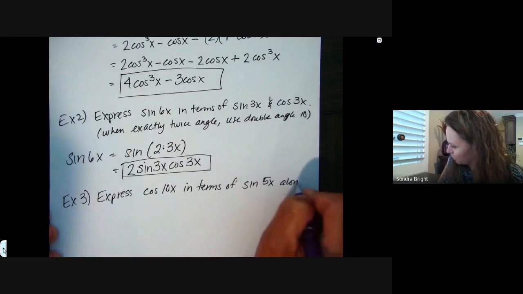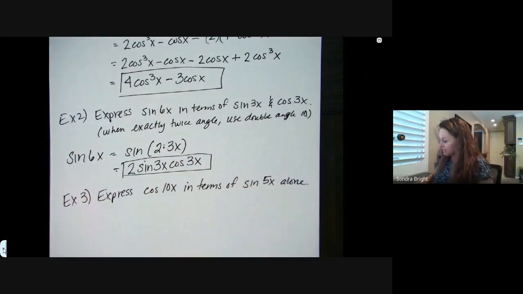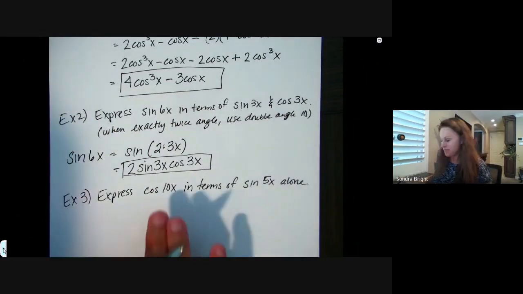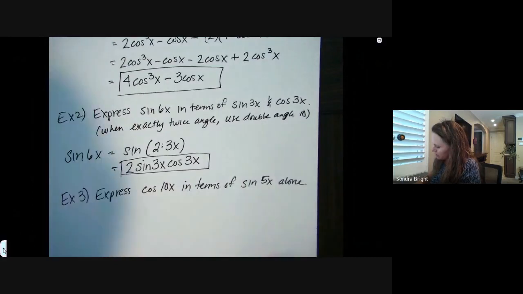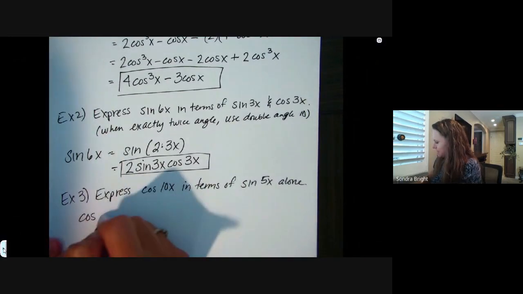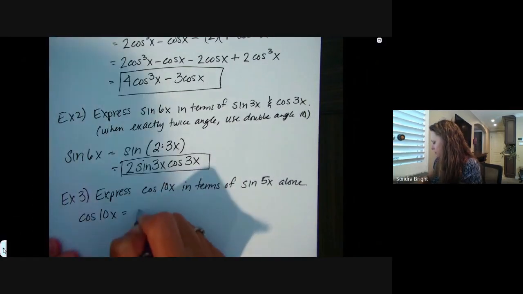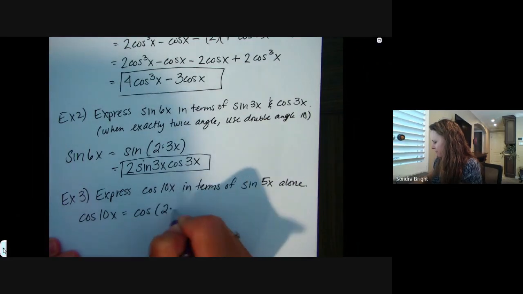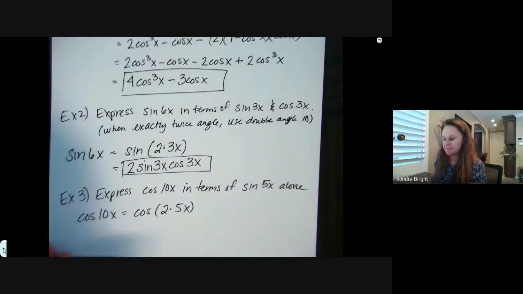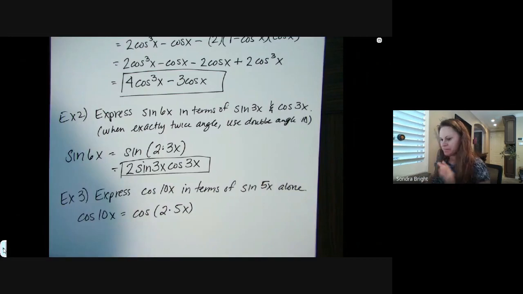Okay. Well, I noticed the same thing, right? That 10x is twice the size of 5x. So cosine of 10x is equal to cosine of 2 times 5x. Now, we have 3 double angle identities for cosine, right?